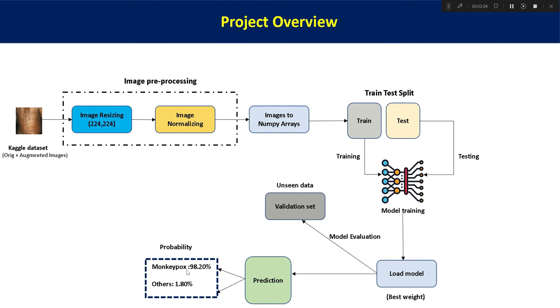The class having higher probability means that the image belongs to that class. Here, as you can see, monkeypox has 98.2%, while others is 1.8%. So for this particular image, after going through all of the process, we get 98.2% monkeypox detection.